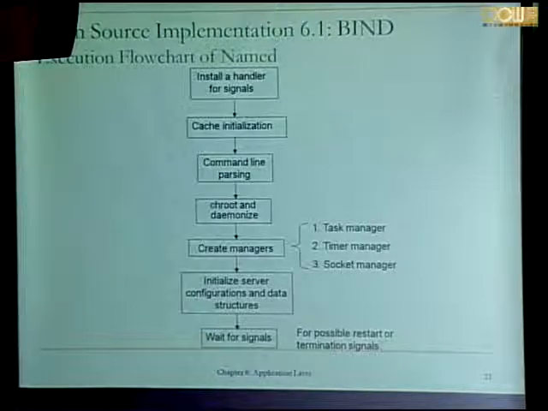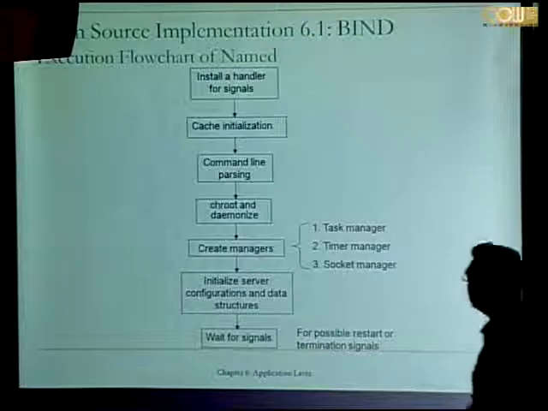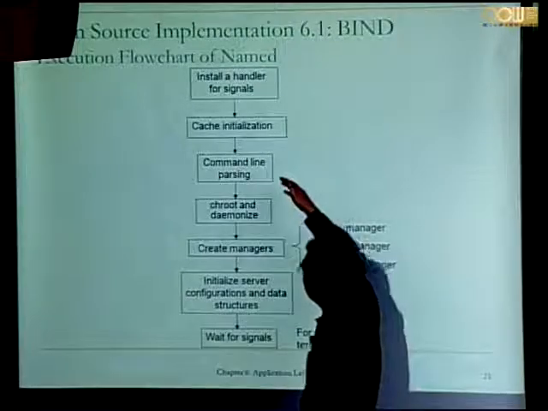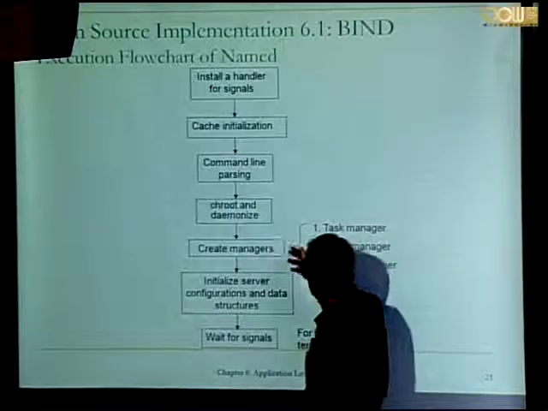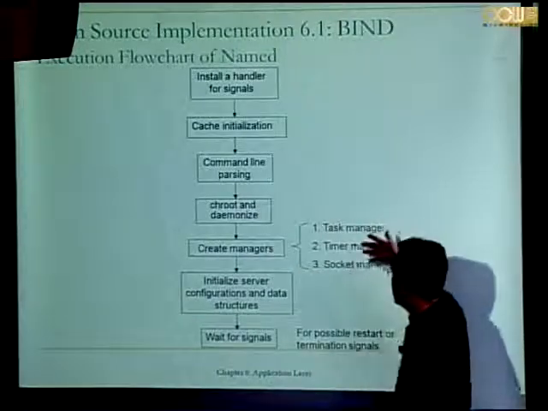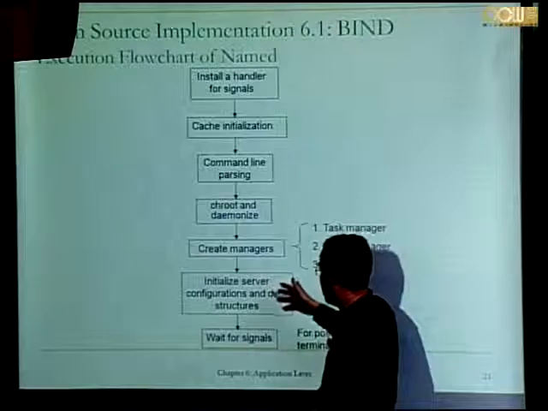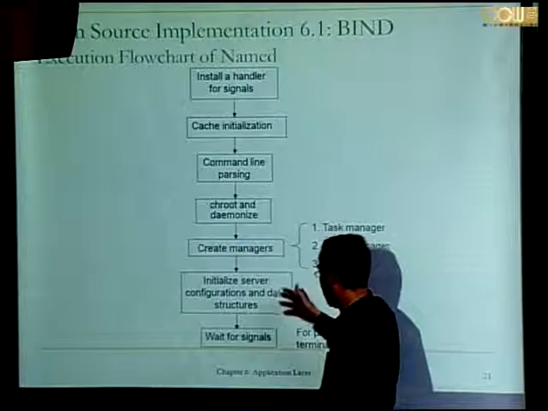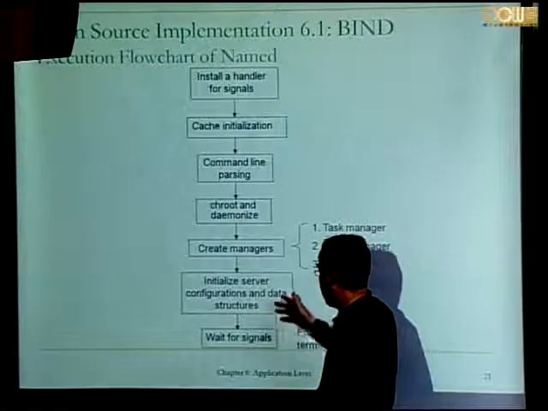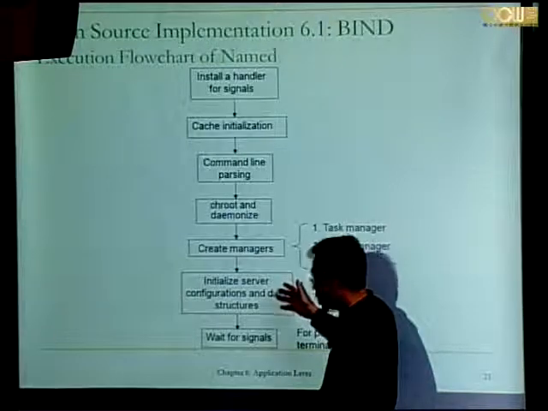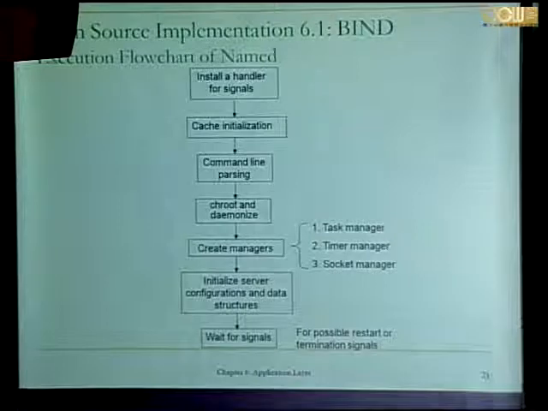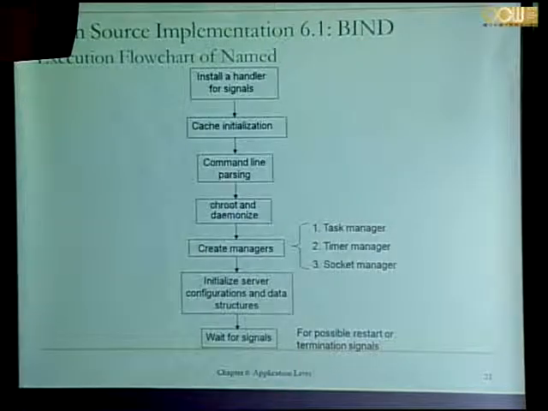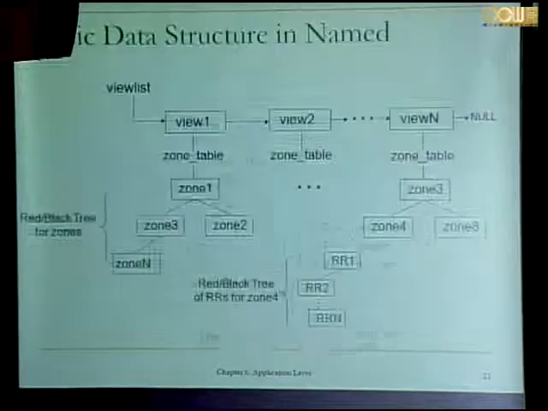Starting from installing a handler for signals, and do the initialization, turn yourself into a daemon, and create some task managers, and then initialize the server with the configuration file and zone data files, and then wait for the signal. And then you get into the worker thread model.